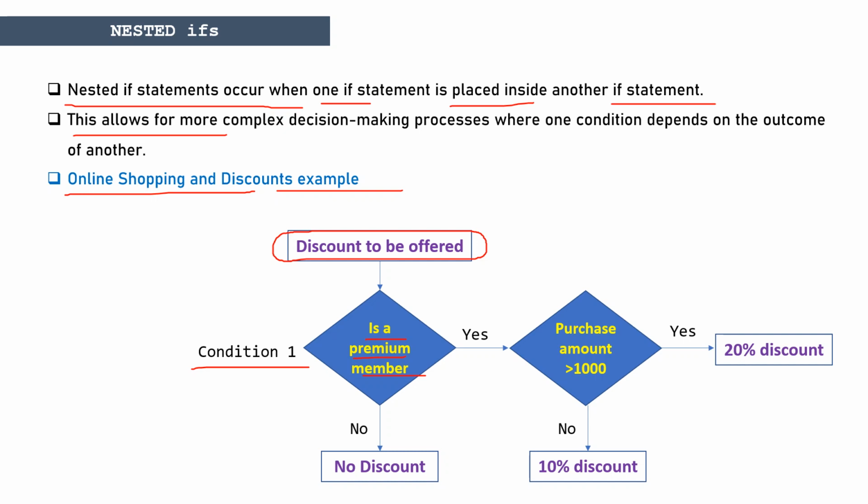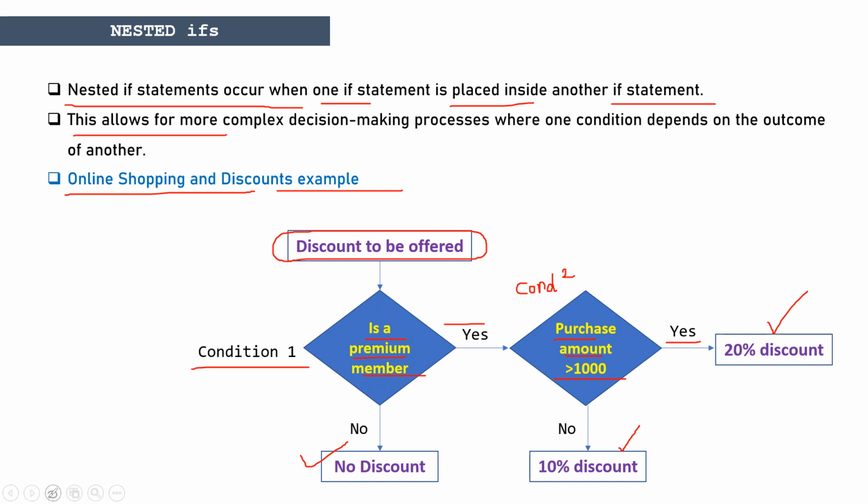If the answer is yes, then you check condition 2: is the purchase amount greater than 1000? If yes, the customer has purchased more than 1000 rupees, so apply 20% discount. If the purchase amount is less than 1000, apply 10% discount. And if the member is not a premium member, there will be no discount.